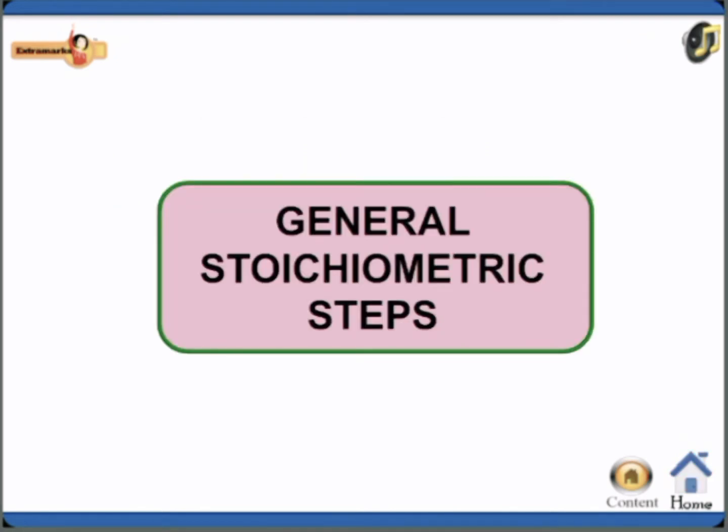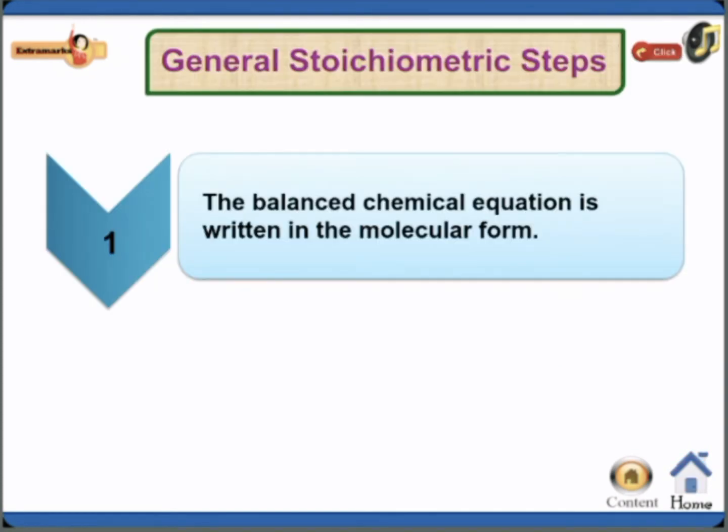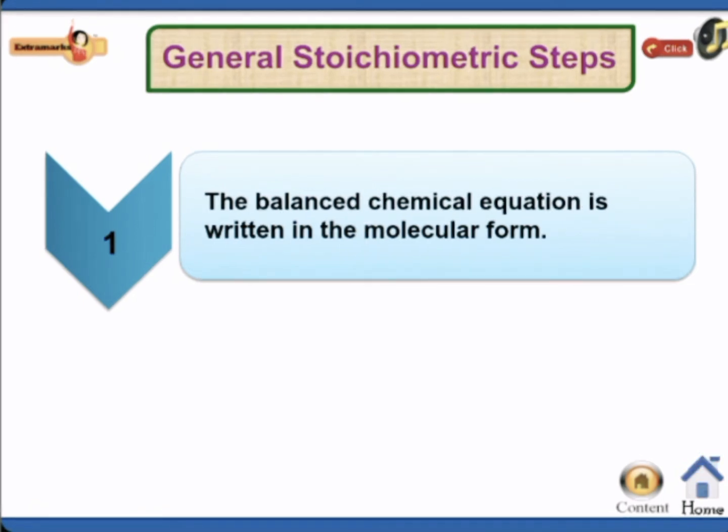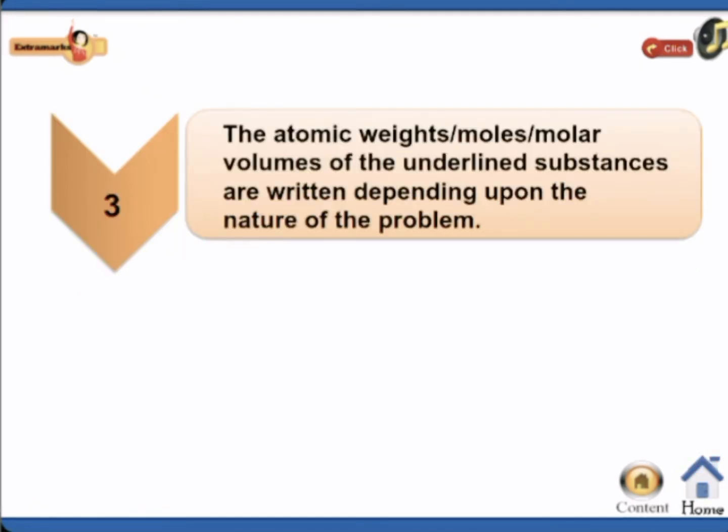General stoichiometric steps. General stoichiometric steps are as follows. Step 1. The balanced chemical equation is written in the molecular form. Step 3. The atomic weights, moles, molar volumes of the underlying substances are written depending upon the nature of the problem.